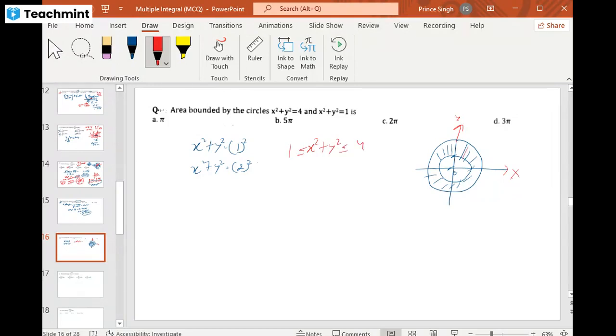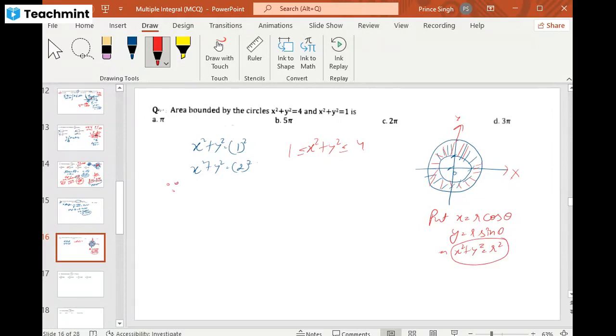Because the ring is a part of a circle, we convert it into polar form, with x equals r cos theta, y equals r sin theta, so x square plus y square equals r square.